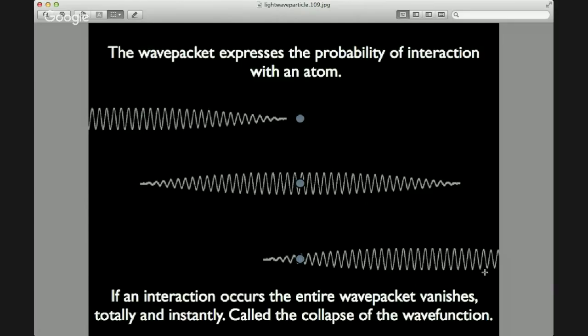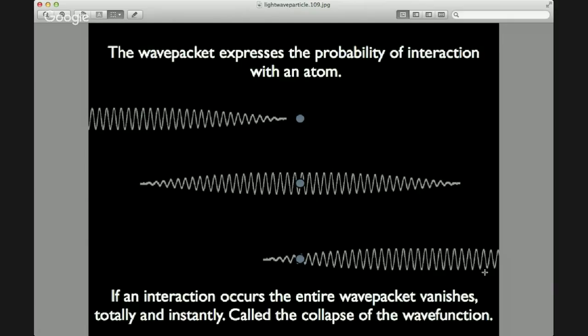At some point, as the photon moves past an atom, the entire photon vanishes, and its energy goes into the atom. This atom is 1/5,000th of a wavelength long, which is 1/10,000,000th of a photon long. It's called, in quantum mechanics, the collapse of the wave function.